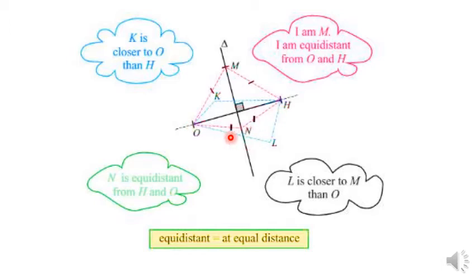N belongs to the perpendicular bisector of OH, while if you look at K, K is closer to O than H. K doesn't belong to the perpendicular bisector of OH. Similarly, L is closer to H than O. Then L doesn't belong to the perpendicular bisector of OH. Any point belonging to the perpendicular bisector of OH is equidistant from the extremities of OH. Equidistant means at equal distance.